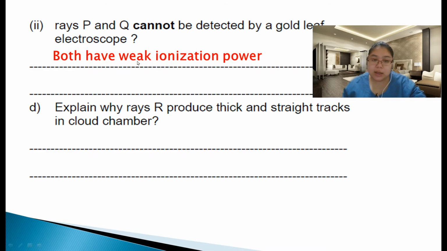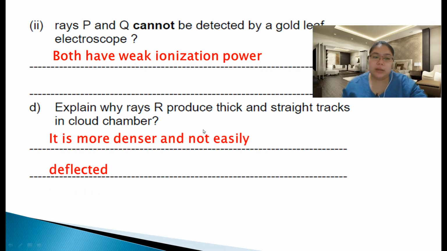Alpha has a higher mass, so it is denser. If it is denser, it is not easy to bend. So it will collide with the air molecules and produce a straight track. The alpha particle is denser, and because of inertia it does not easily change its position, so it will collide. So we write the answer: it is denser and not easily deflected.